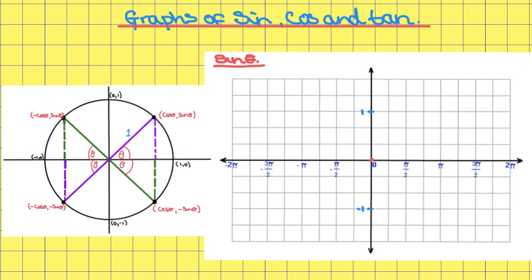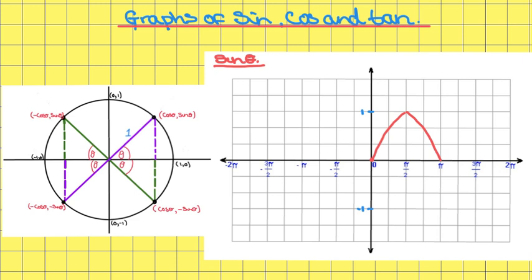and as you go anti-clockwise, the sine graph rises from 0 to 1 between 0 and pi over 2, or 90 degrees. Then in quadrant 2, it is still positive, but it is now going down from 1 back to 0 at 180 or pi degrees.